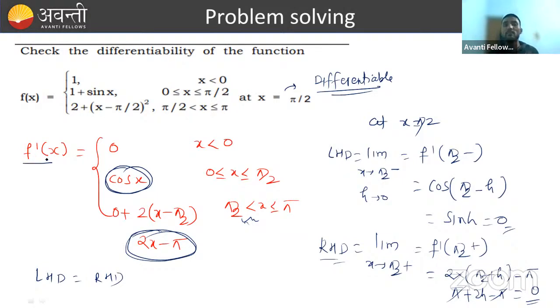But it is easy because we just need to take the differentiation, and then after that just check the interval. If it is pi by 2 minus, take that function cos x. If it is pi by 2 plus, take that function, that is 2 into x minus pi by 2 or 2x minus pi. Okay, so I hope it is clear.